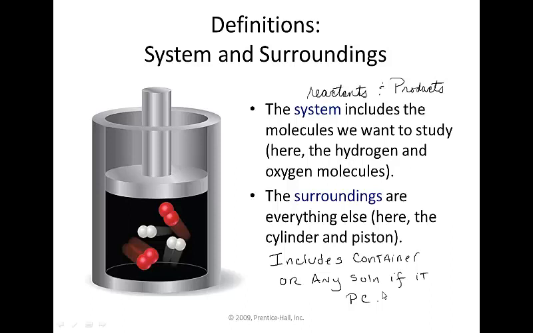Don't forget, physical changes also have a transfer of energy. So if you dissolve sodium hydroxide in water and the water gets hot, then it's the actual sodium hydroxide pellets releasing energy to the water.